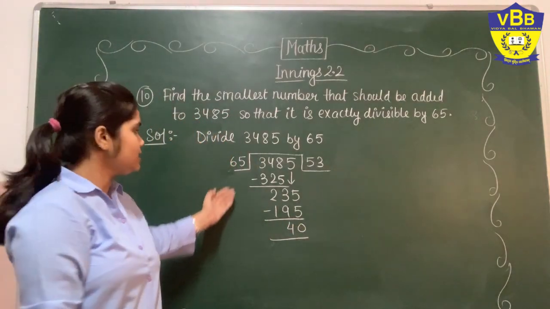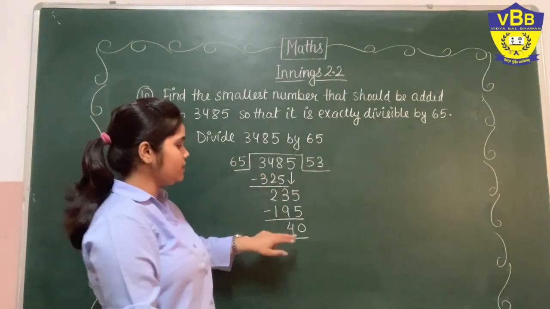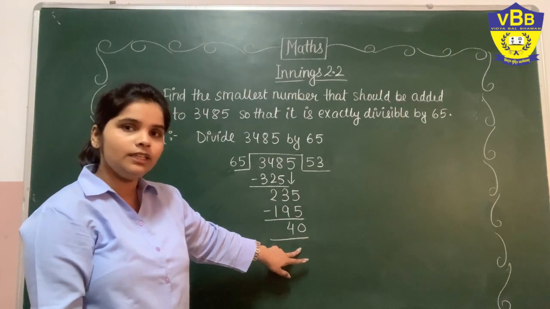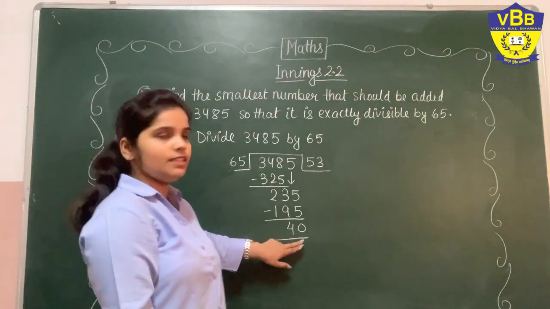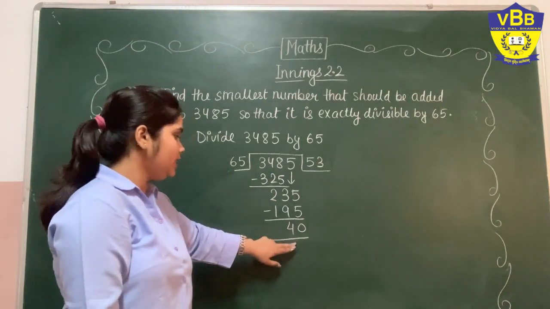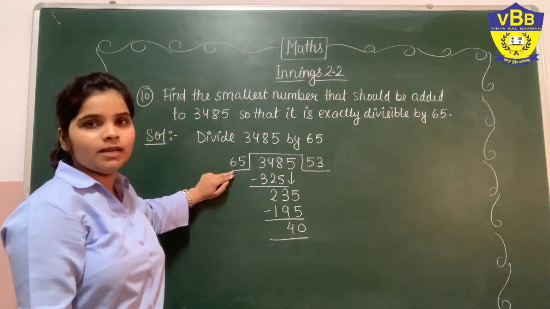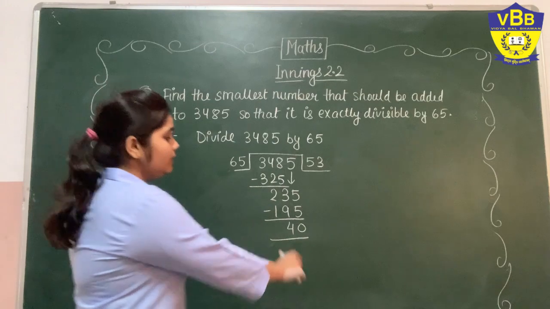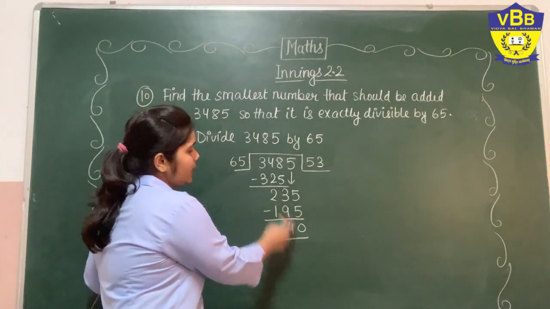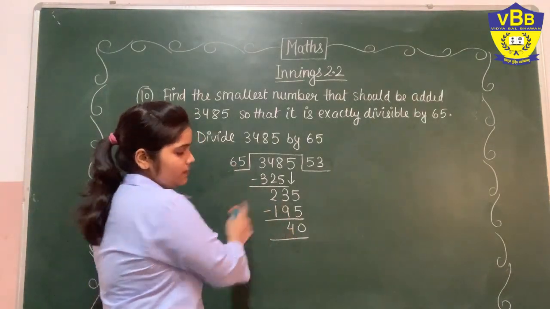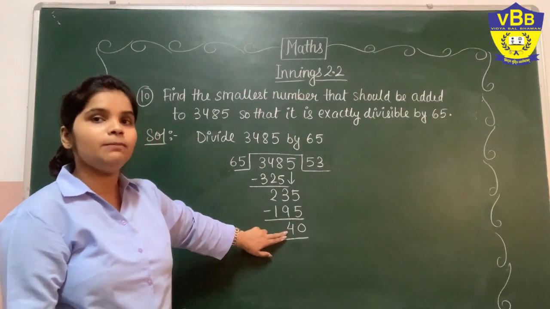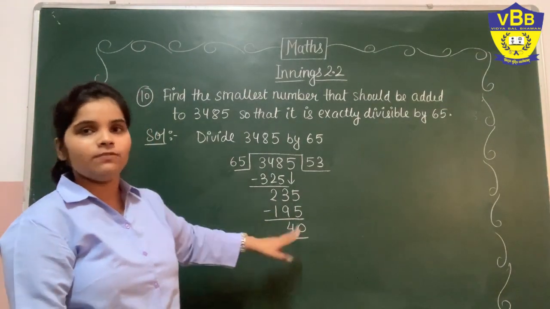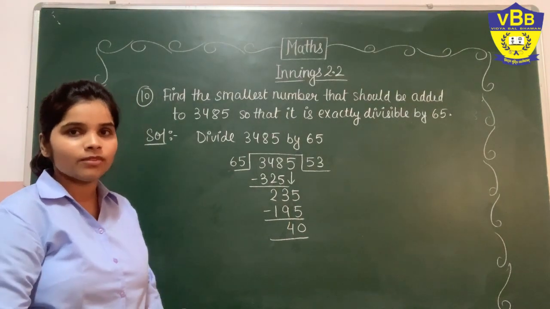Look, this 3,485 is not completely divisible by 65. The remainder is coming, that is 40. This 40 is extra. 40 is not divisible by 65, so it is not completely divisible. What number should be there so that it will become divisible by 65? If this 40 becomes 65, then you can say 65 is divisible by 65.